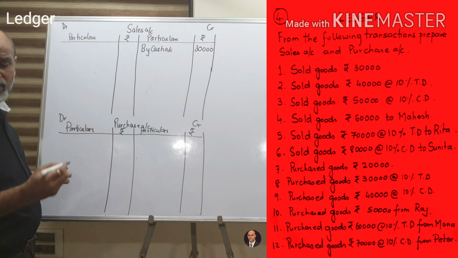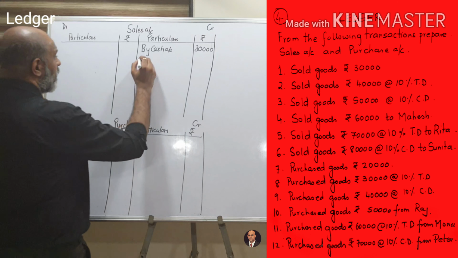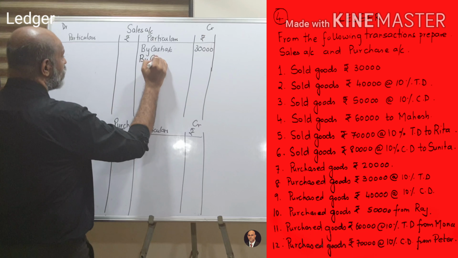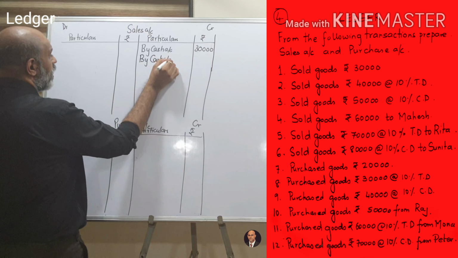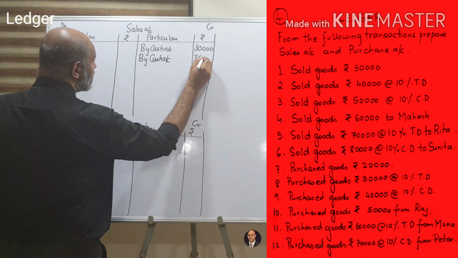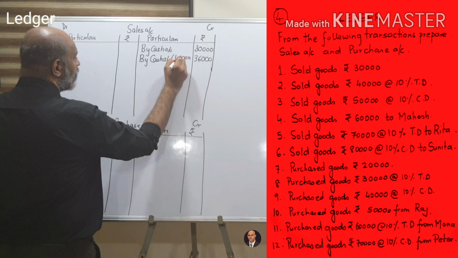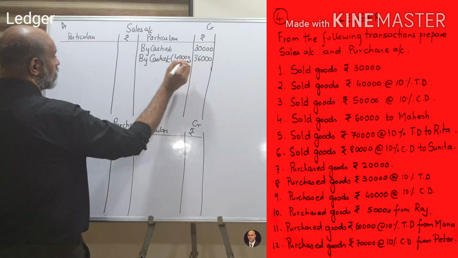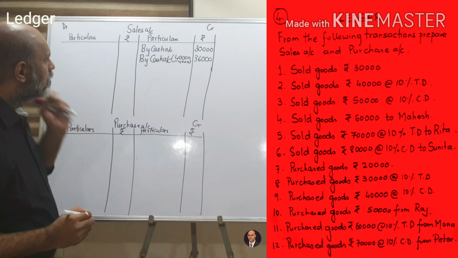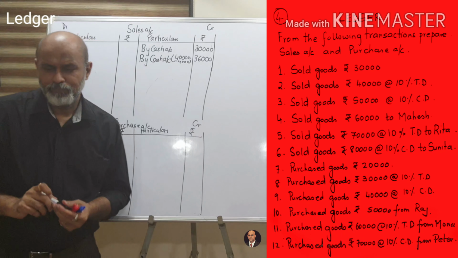So again, I will write down by cash, but the amount will be 36,000. How do I get 36,000? It is 40,000 minus 10% TD, which is 4,000. Understood? I go further.